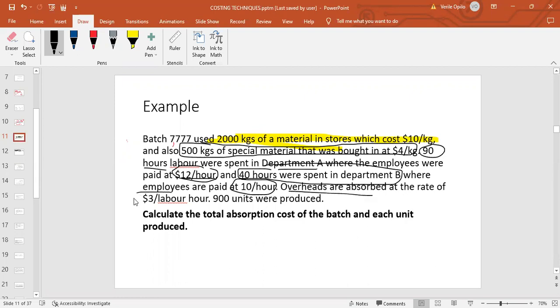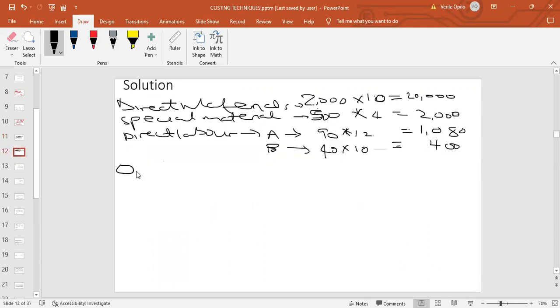We are told that overheads are absorbed at the rate of $3 per labor hour. So in this case, we show the overheads, absorbed at the rate of $3 per labor hour. We need to know how many labor hours there are in total. We had labor hours in the two departments, Department A and Department B. So we have 90 plus 40 hours, that should give us a total of 130 labor hours.